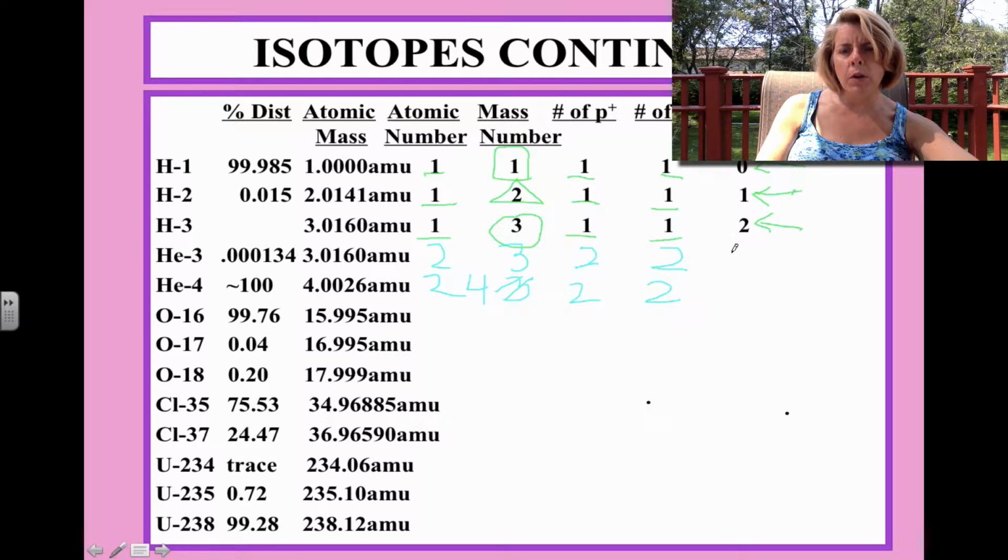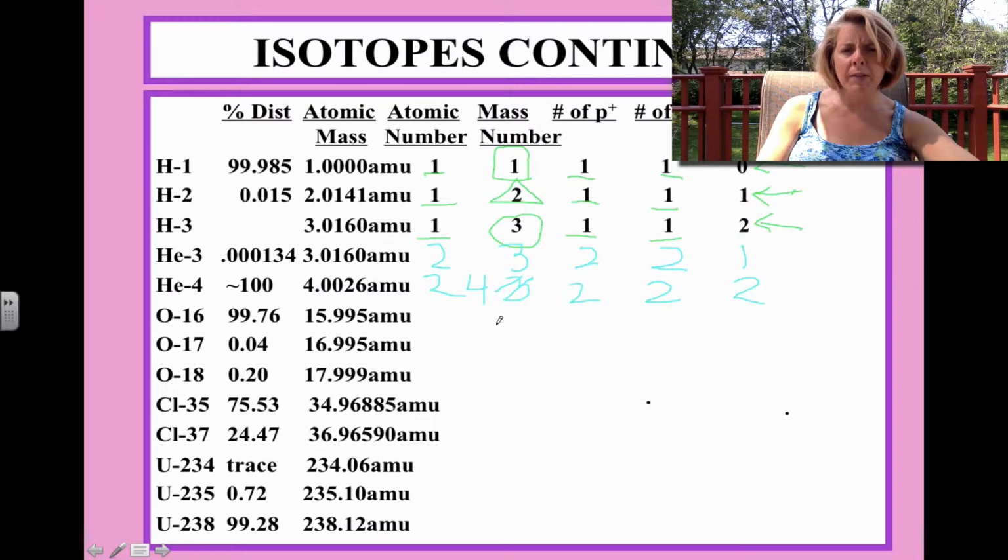Now for the number of neutrons, notice that we have a mass number of 3, atomic number of 2. So we're going to subtract and we get 1 neutron, and then 4, mass number, with 2 atomic number, subtract and you get 2 for the neutrons.